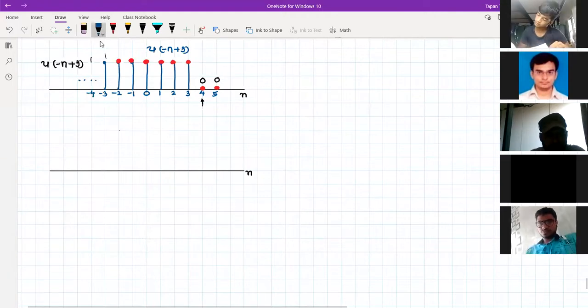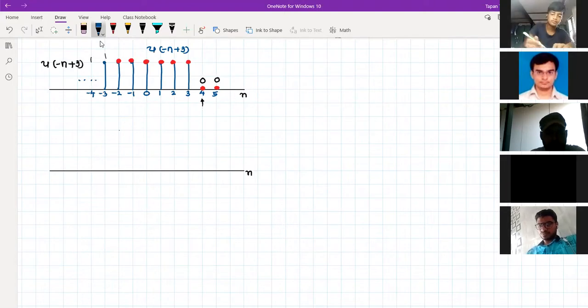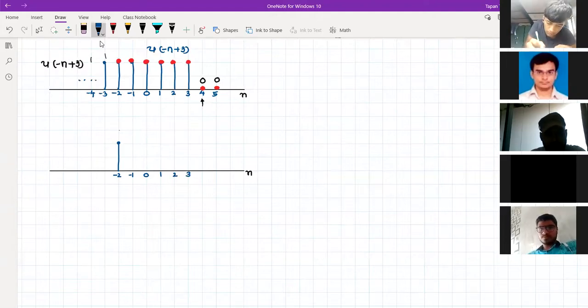So starting from minus 2, so at minus 2, it is 1.